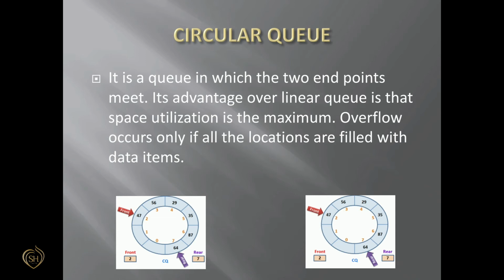To remove this problem, we implement a circular queue. It is a queue in which the two endpoints meet together. Its advantage over the linear queue is that space utilization is maximum. Overflow occurs only if all the locations are filled with data items.